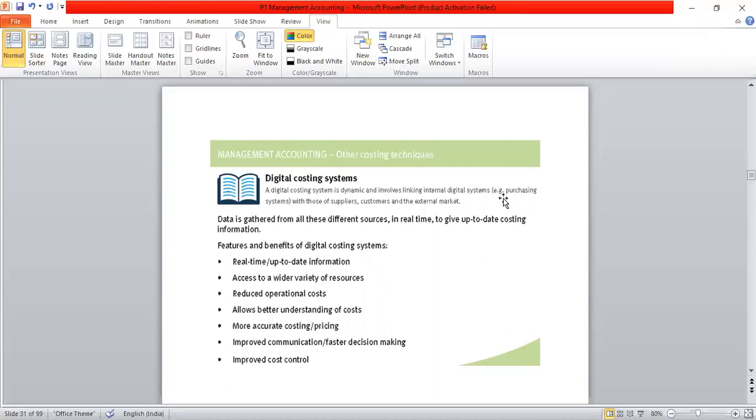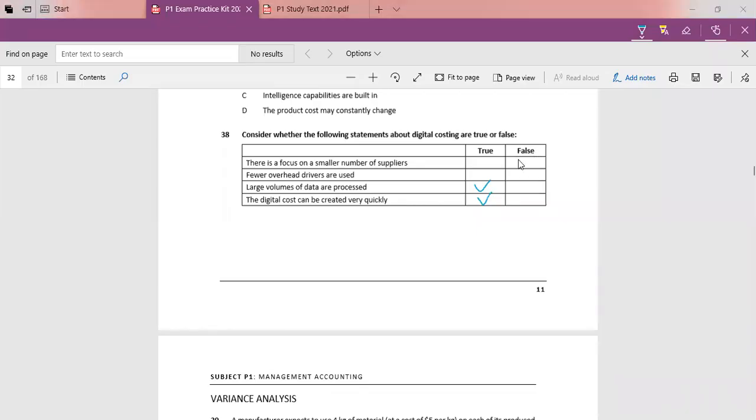With those of suppliers, customers, and the external market. So on that note, we could put this one as false. Fewer overhead drivers are used? No.